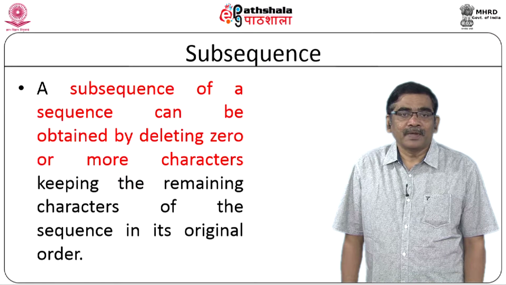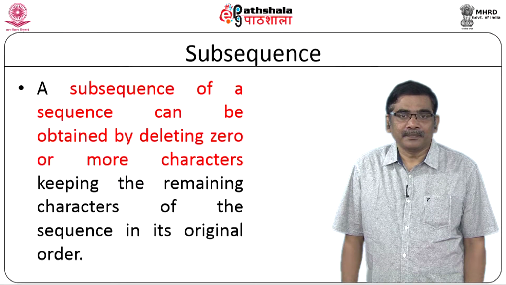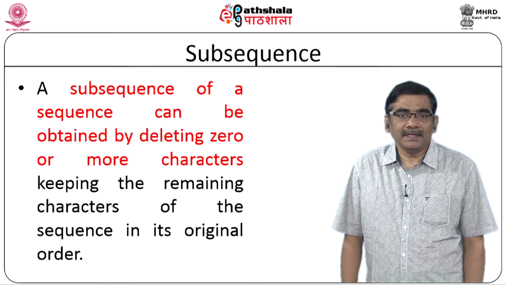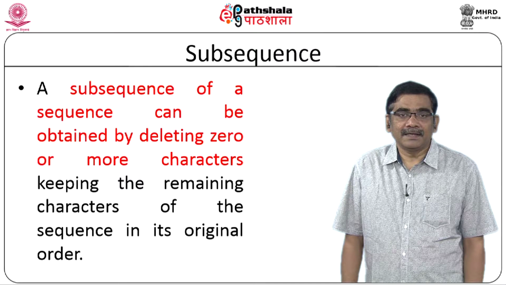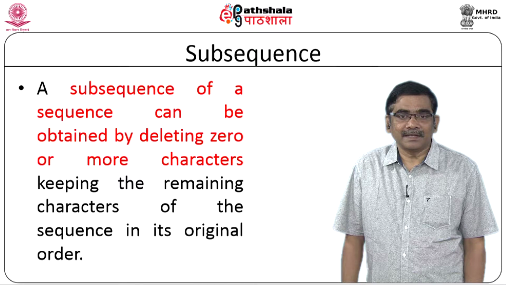In other words, by deleting 0 or more characters, we can find the subsequence of the sequence. If I delete all the characters, then we have a string called the null string, which is given as epsilon. In other words, we have to feel comfortable with the jargon: strings are a set of characters, and a subsequence is the subset of characters obtained by deleting 0 or more characters in the string.